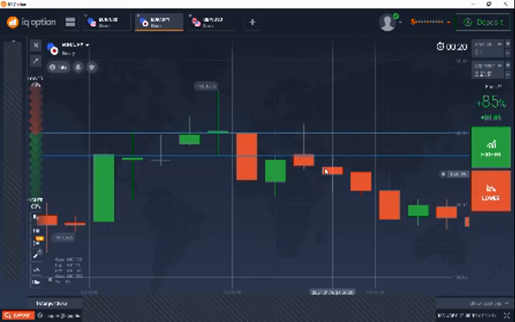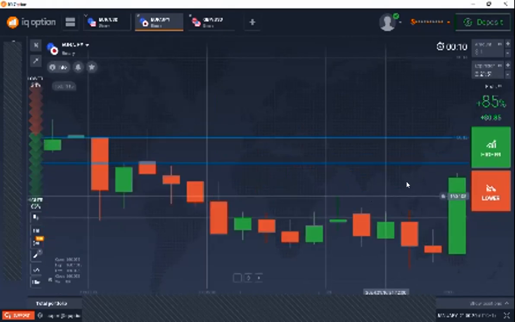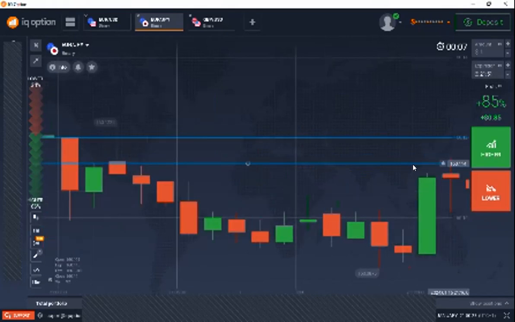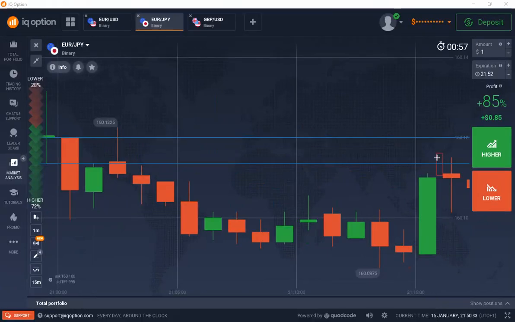So I have to wait for the price to close inside the zone before we predict that the next candle will be the reversal candlestick. Let's see what happened. First attempt, we see rejection, but we have to wait for the candle to close inside the zone.